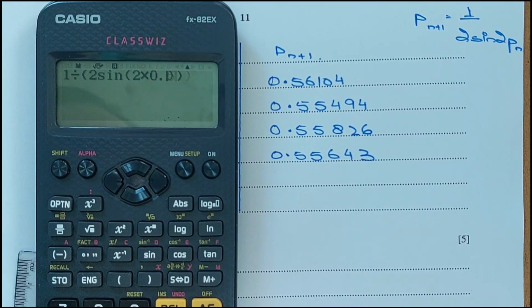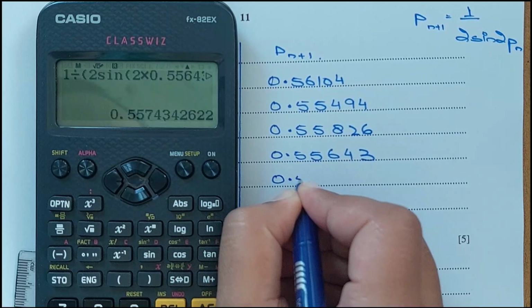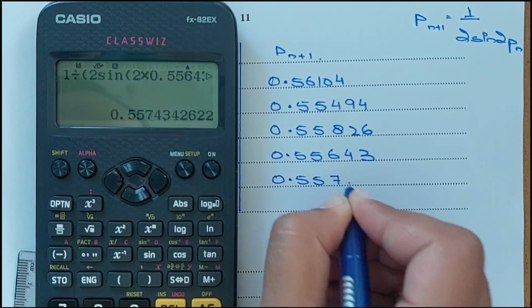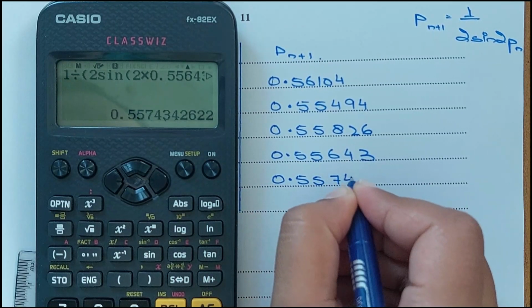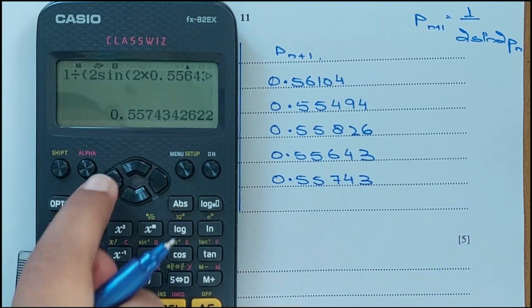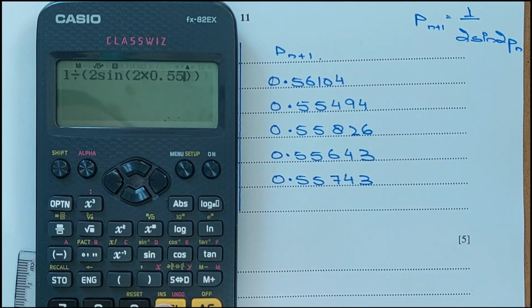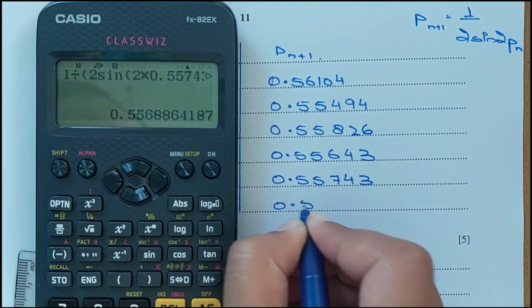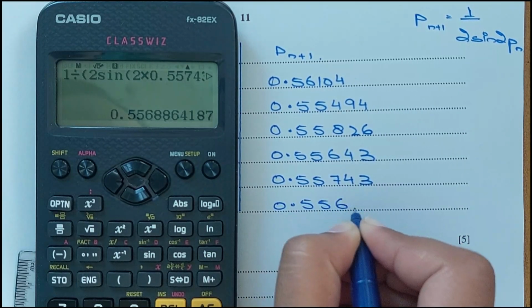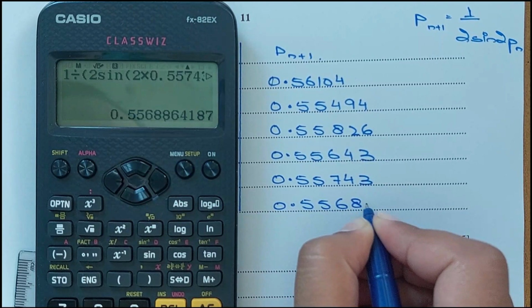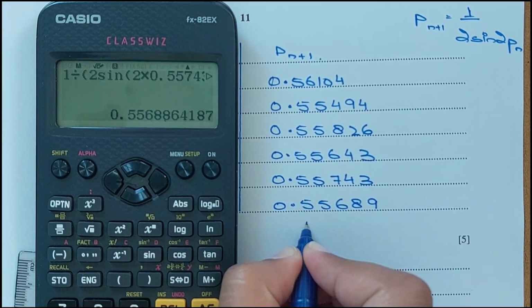Again, 0.55643 gives 0.55743. One more, 0.55743 gives 0.55689. Okay, and so on.